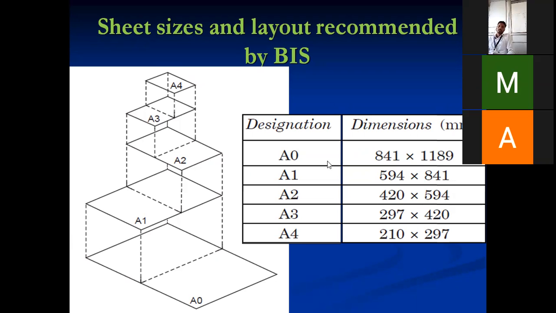So here just one table is there. In that table, designation and dimension are given. How many different sheets? So the names given to these drawings are A0, A1, A2, A3, A4. How many are there?